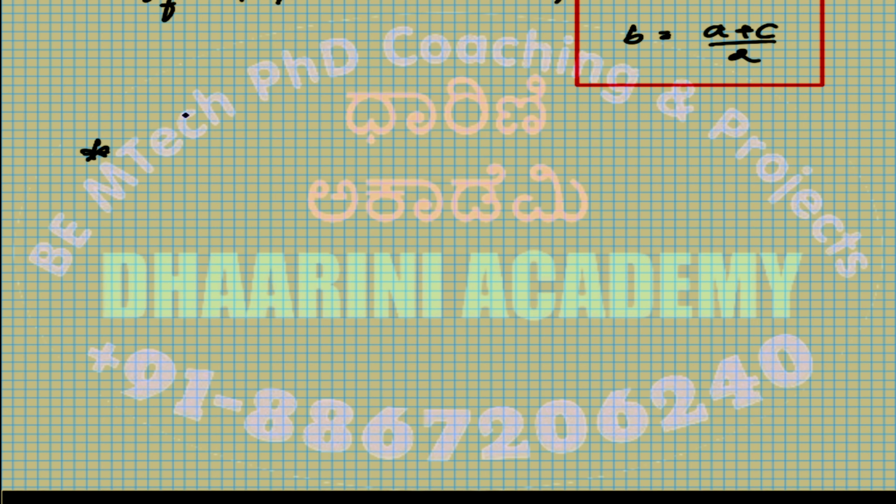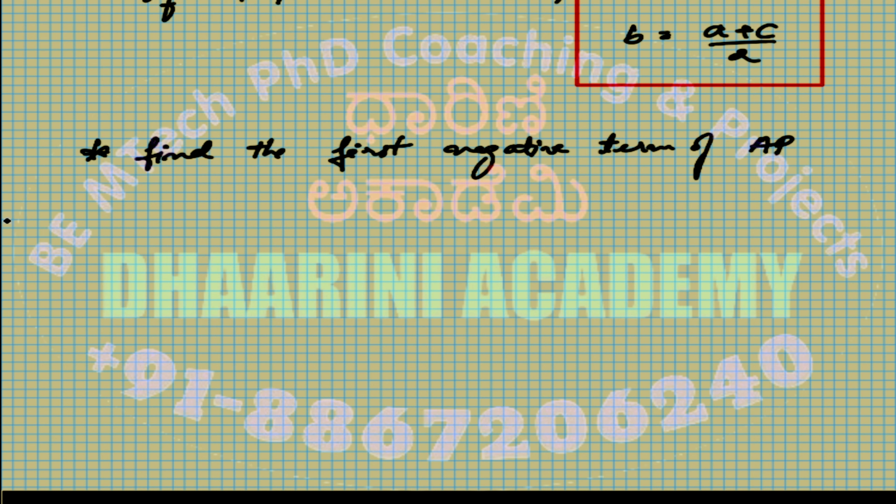The question is, find the first negative term of the AP that is 20, 19 1 by 4, 18 half, 17 3 by 4, and so on.